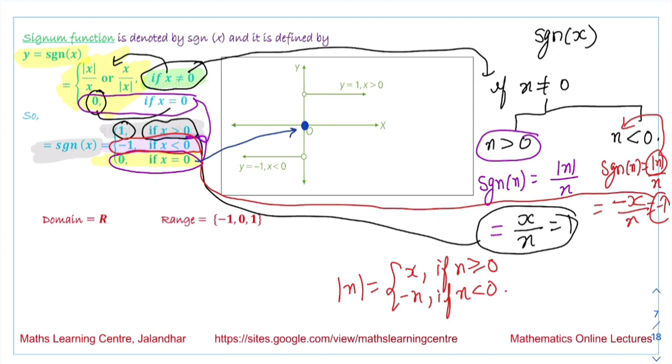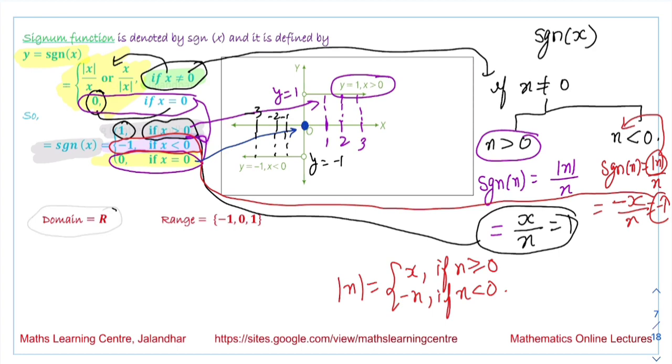For all x greater than 0, this is y equal to 1. If we take x equal to 1, 2, 3, the value of y is equal to 1. And third part is when x is negative, minus 1, minus 2, minus 3. In each of these cases, the value of y is equal to minus 1.